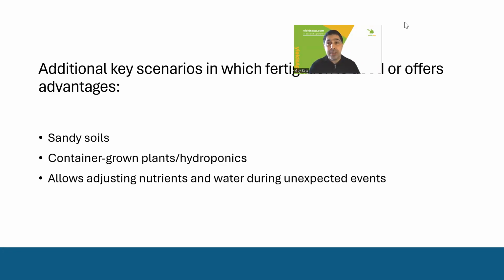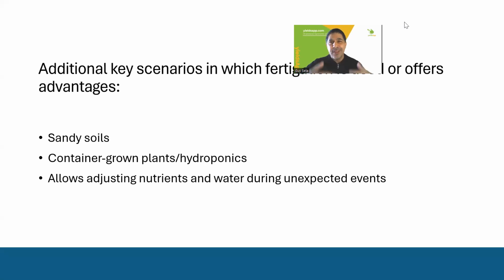So in sandy soils, for instance, sandy soils do not retain nutrients, or they can hold only a very small amount of nutrients. And therefore, the nutrient application must be more frequent, right? Unlike, let's say, clay soils, that can retain the nutrients, and then these nutrients serve as a reservoir.